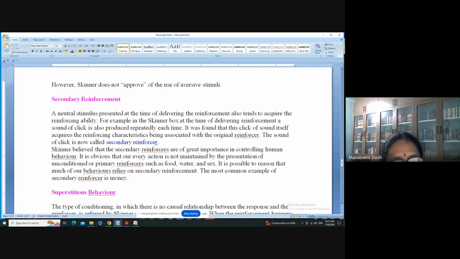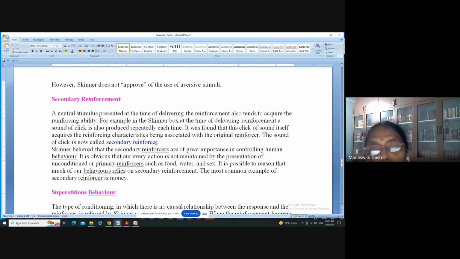Secondary reinforcers are of great importance in controlling human behavior, according to Skinner. Because it is obvious that our every action is not maintained by the presentation of unconditioned or primary reinforcers, such as food, water, and sex, etc. It is possible to reason that much of our behaviors relies on secondary reinforcement.